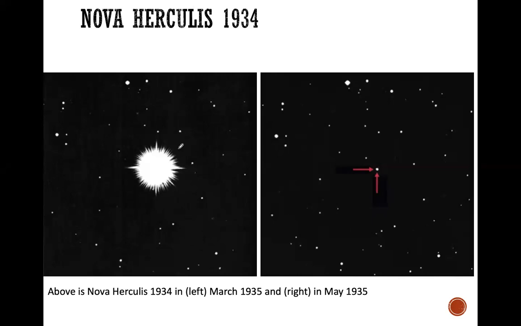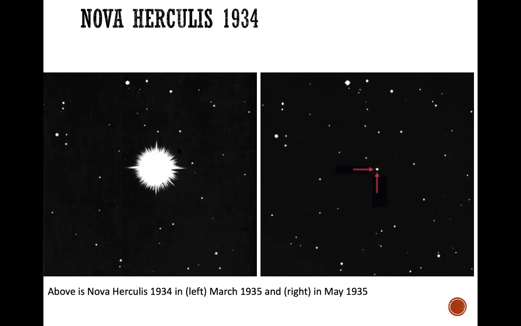In the left-hand image, you can see that the brightness has suddenly increased unusually, and then the same star that you can see in the right hand image from these two red arrows, the brightness has decreased after some time. Now this is due to the sudden thermonuclear fusion that happens on the surface of the white dwarf due to the material accreted from this nearby normal star, right?